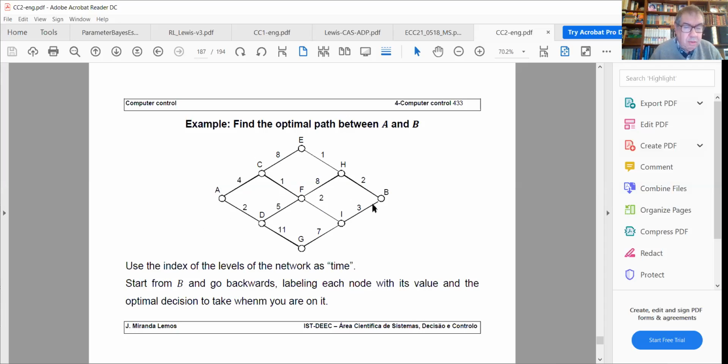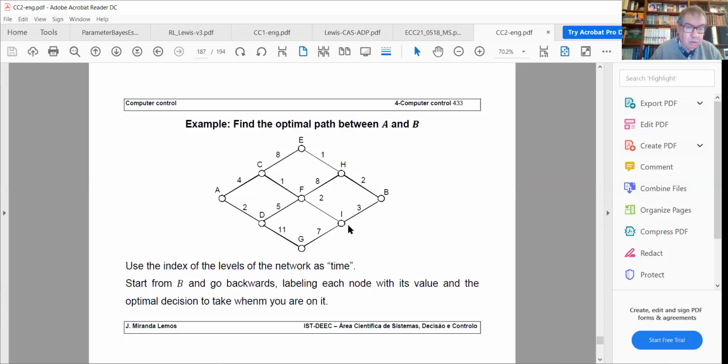Now, you could do the computation for all the possible passes, but instead we are going to use this algorithm of dynamic programming. In this way, we are spared from comparing a number of costs.